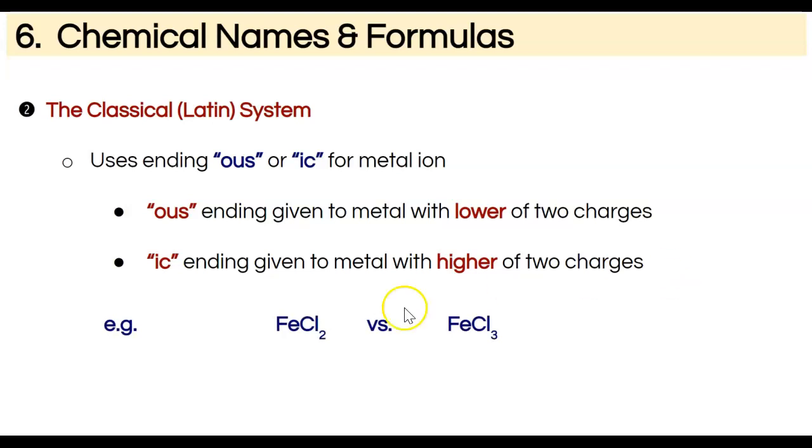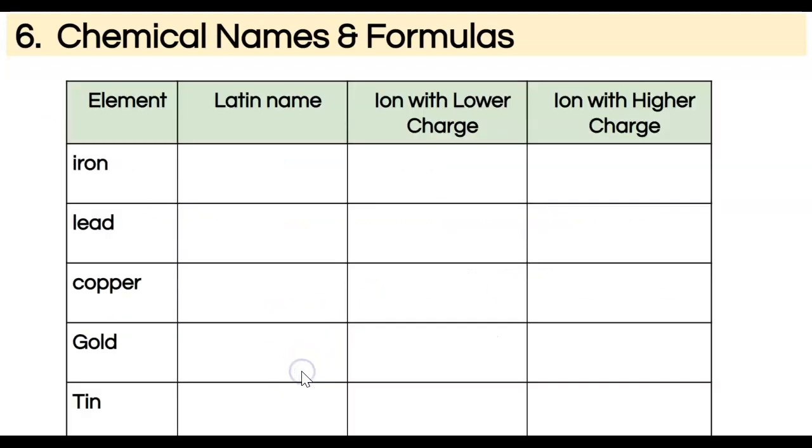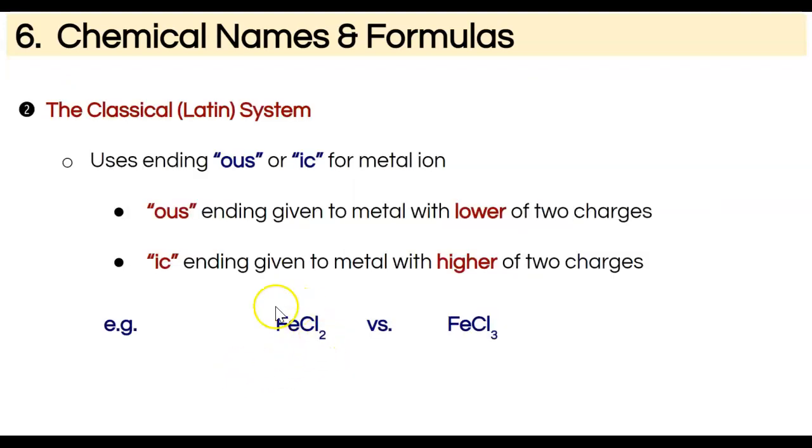Okay, so for instance, if I had FeCl2, I know that in this particular compound I have iron with a 2+ charge, and in FeCl3, I have iron with a 3+ charge.